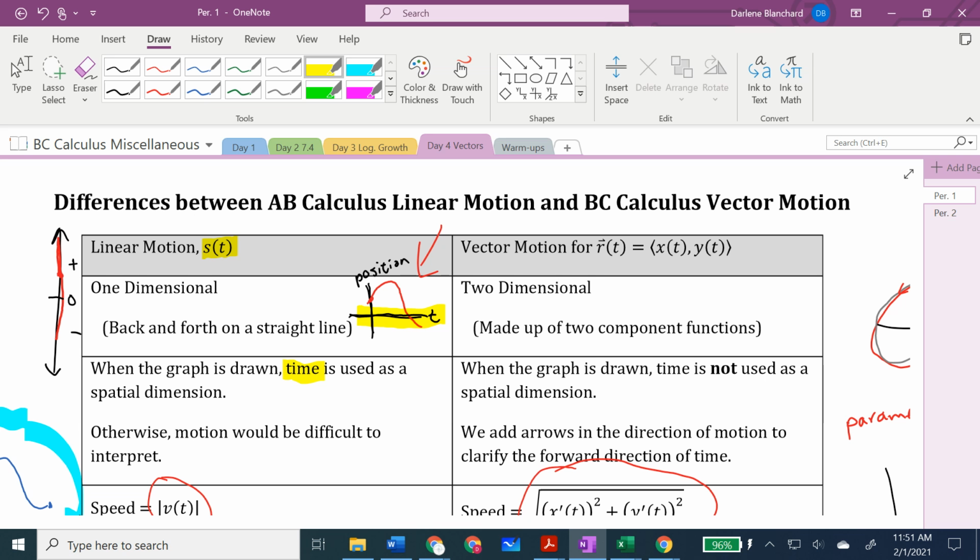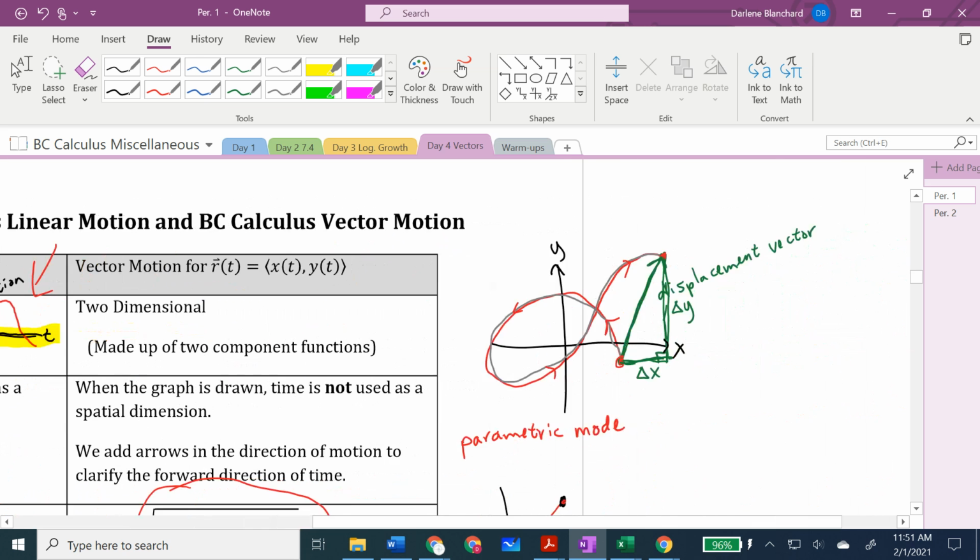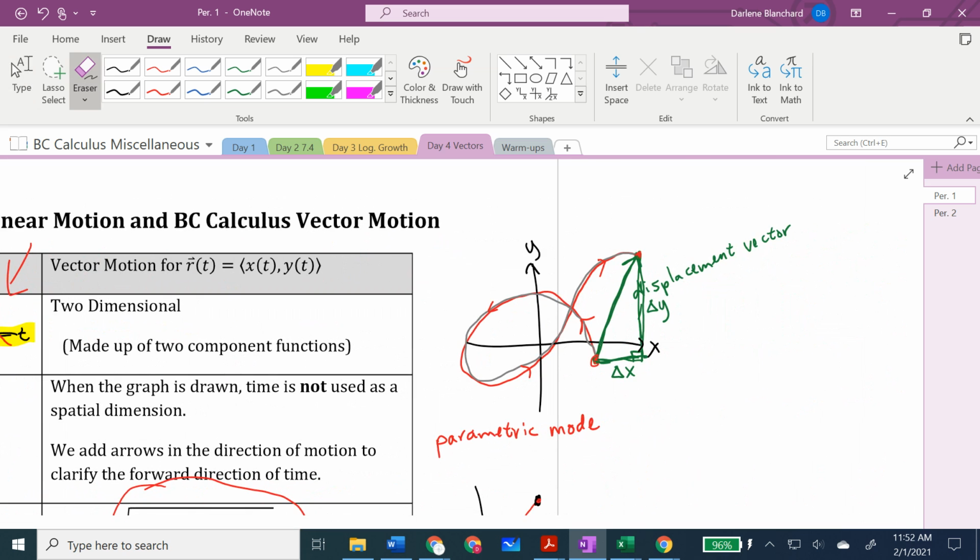And it's very, very important that you understand with the vector motion problems that we're going to use, we don't have a time axis. And not having a time axis allows us to move all over the place and not be stuck in the old vertical line test situation. However, we need to understand as time moves forward, where does this graph go?